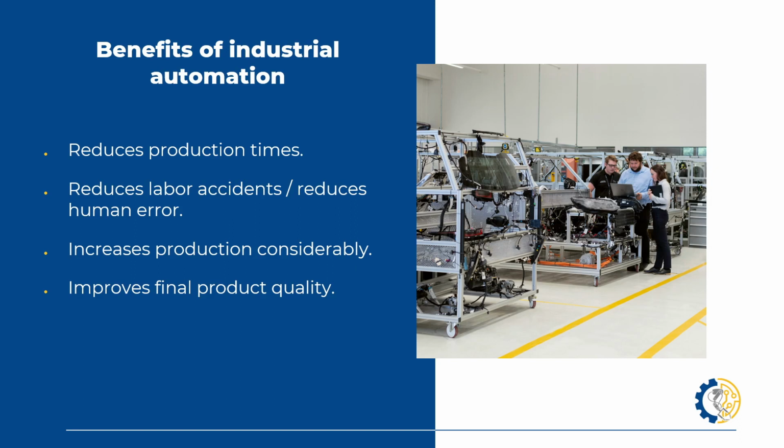You need to provide some maintenance for machines where sometimes some machines run for 6 months or a year, and it's incredible. It's a lot of production that they have. So it increases production considerably. The top part is time decrease, and the bottom part is product increase. And finally, it improves the final quality of the product.